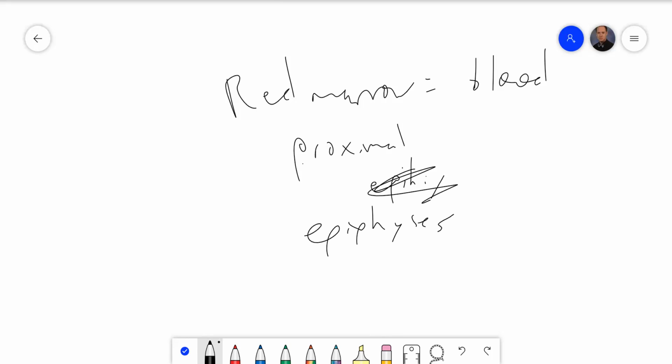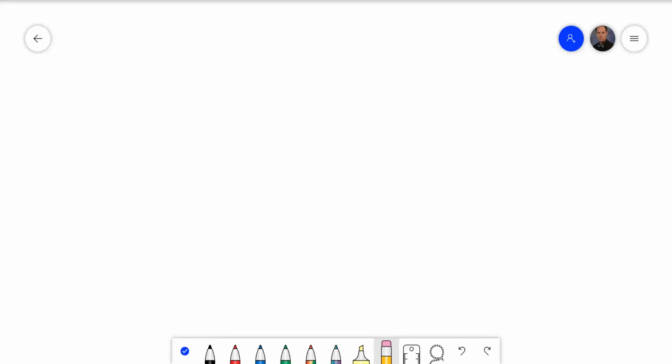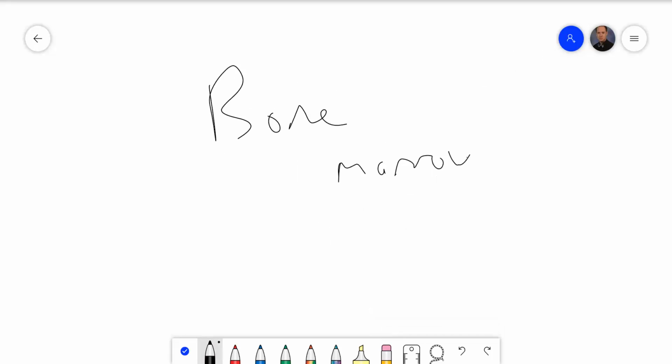All right, so now for sort of a public service announcement here. If you aren't on the bone marrow donor list, you should be. Bone marrow donors are high in demand because the supply for bone marrow donation is very low.